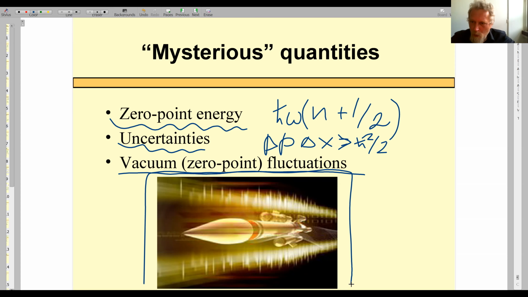Namely, they wanted to utilize all these things which I listed, zero-point energy and vacuum fluctuations, to achieve interstellar travel.